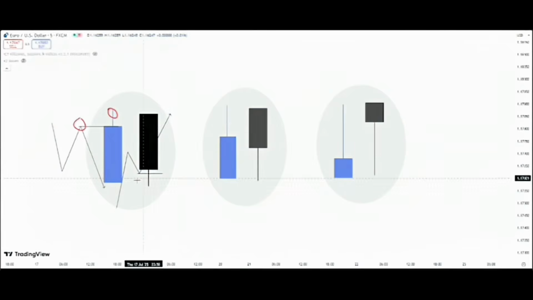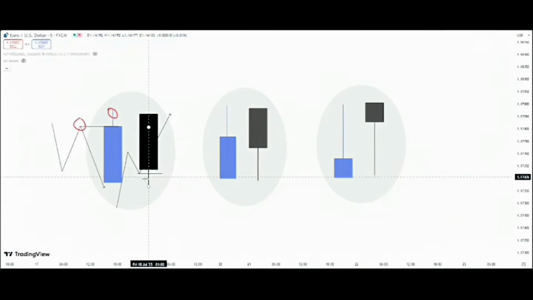Now, are you going to say that price is going to go higher? No. Why? Because look at this candle. The sellers are in total control. The buyers did not have the muscle to push price beyond this point. The sellers are still in control. It's likely that the next candle will continue to go down.